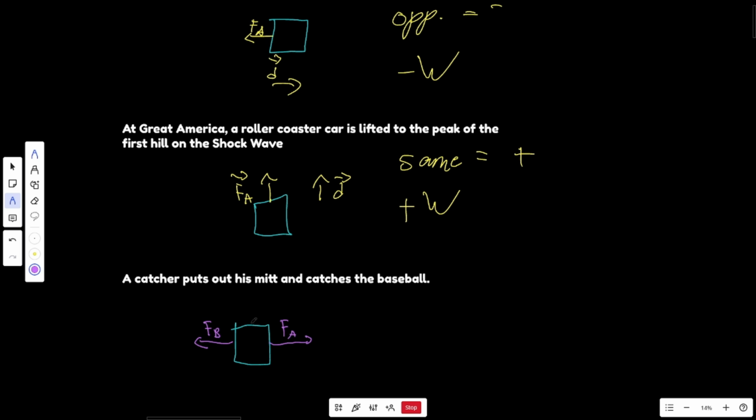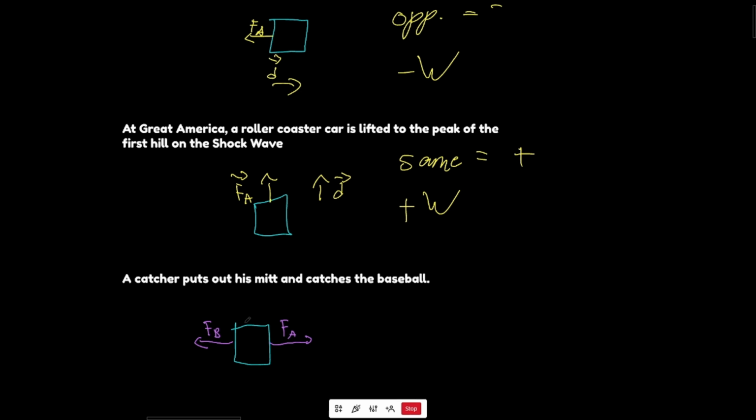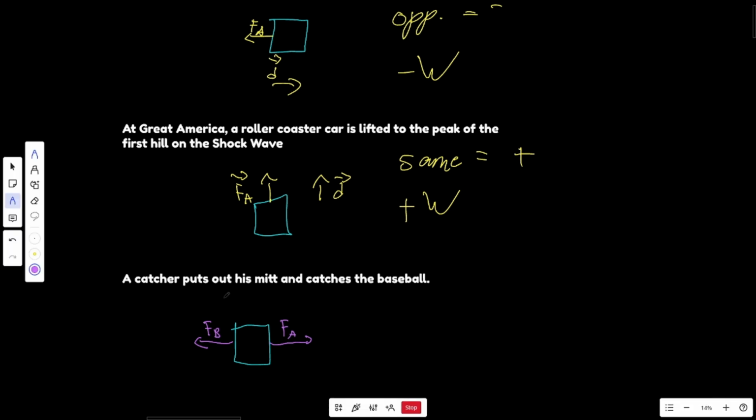So we put out our hand with an applied force going to wherever the ball is coming from. So we're opposing the direction of the ball, but the ball is still going towards the left, right? And since they're going in opposite directions, opposite again is equal to negative. So that means there is negative work done. So I hope that's clear.